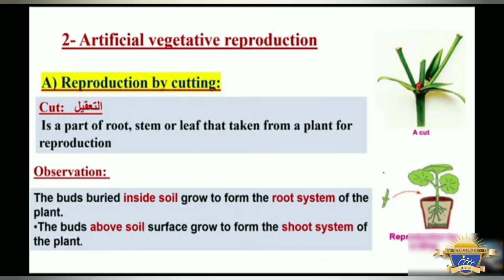Then irrigate the cut for 2 weeks. We will observe that the buds buried inside the soil grow to form the root system of the plant, but the buds above the soil surface grow to form the shoot system of the plant, as we see in the image. This is the reproduction by cutting.